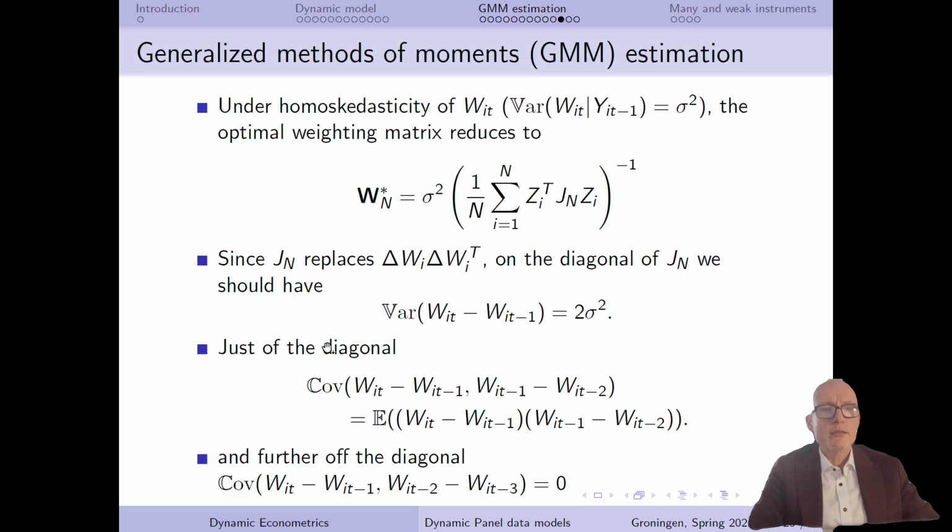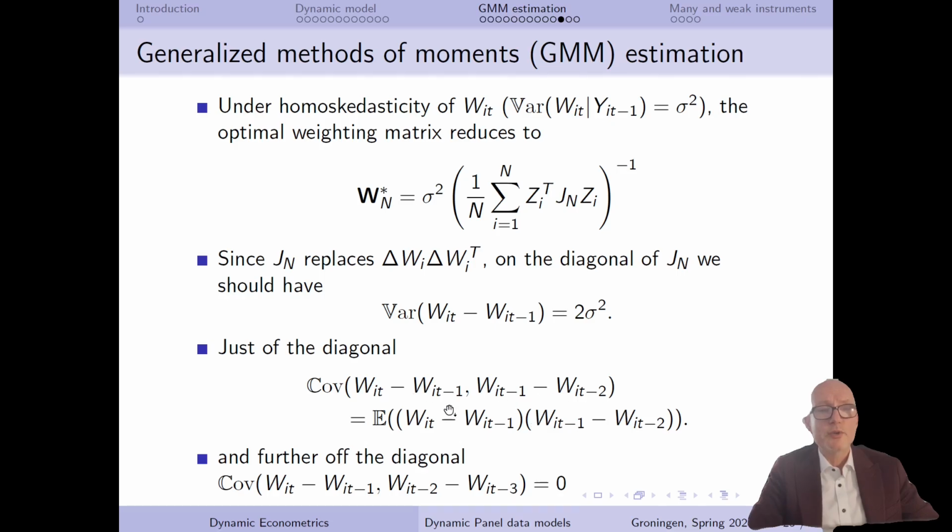Then we can also look at the elements of this matrix just off the diagonal. Then we get the covariance of delta w_it and delta w_it-1. That is equal to the covariance of w_it minus w_it-1 and w_it-1 minus w_it-2. That is nothing else than the mean of w_it minus w_it-1 multiplied by w_it-1 minus w_it-2.